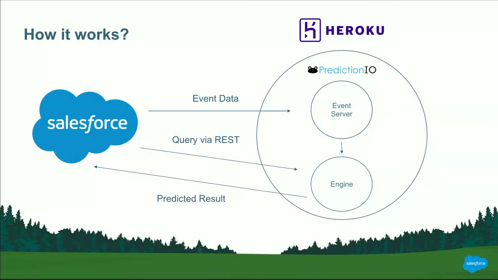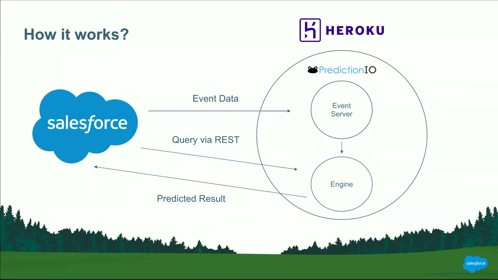So now that we have the three elements, I will show you on this diagram how the main flow works. As you can see on the graphic, we have two different areas. One of them is Salesforce, and the other one is Heroku. Heroku is where the event server and the engine are hosted and deployed. And Salesforce is what the user sees.